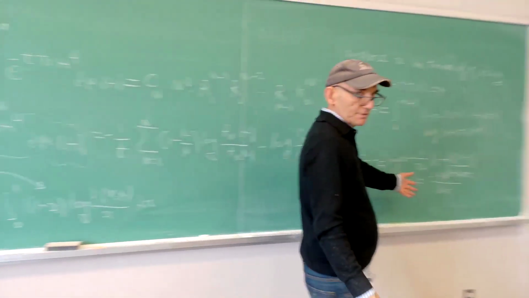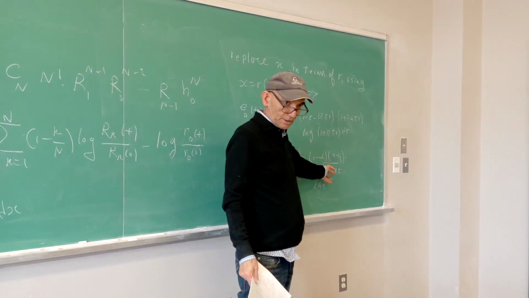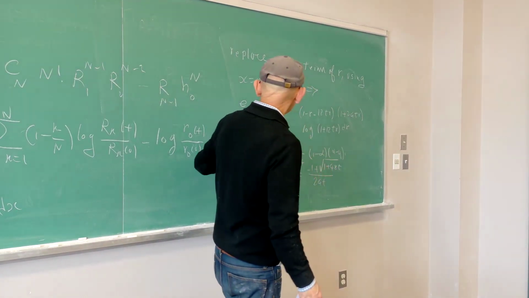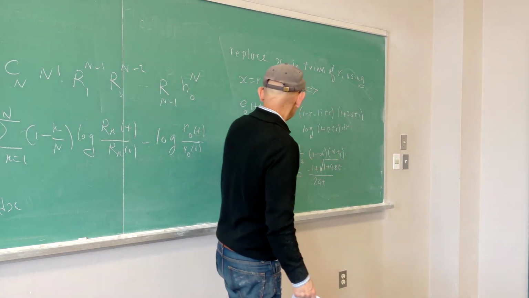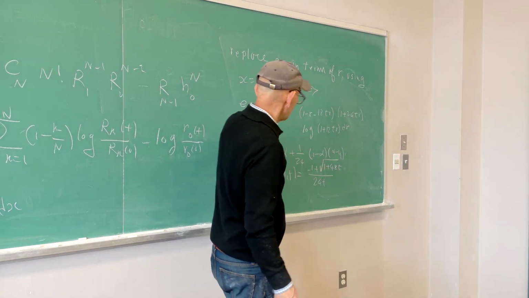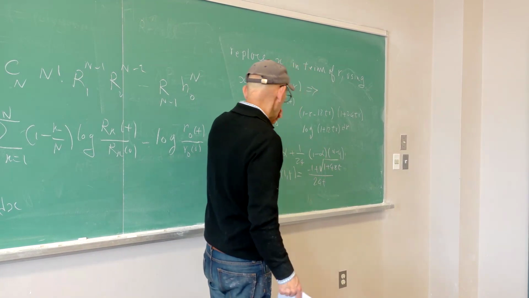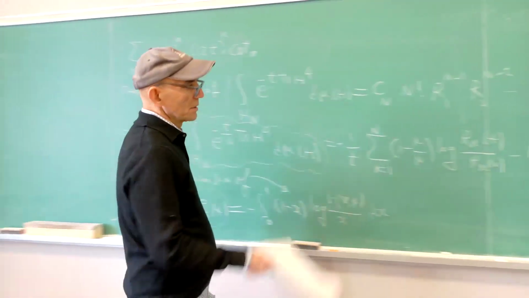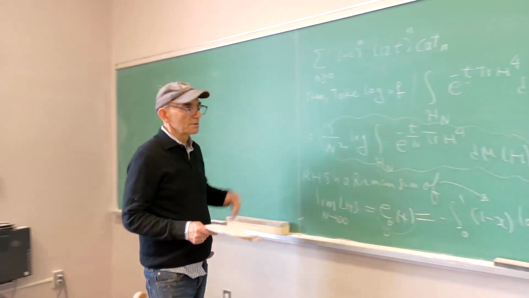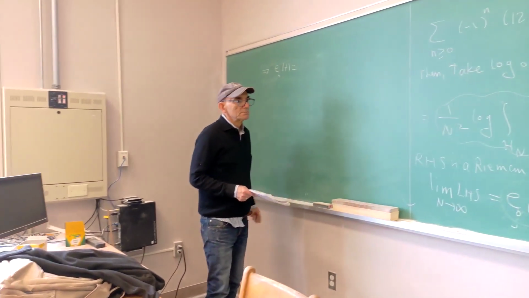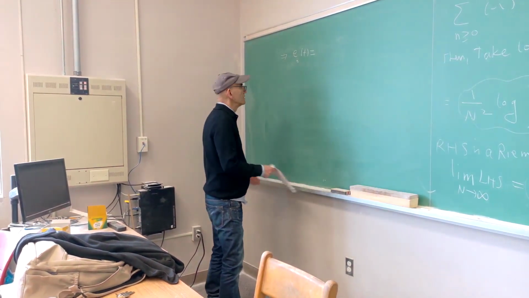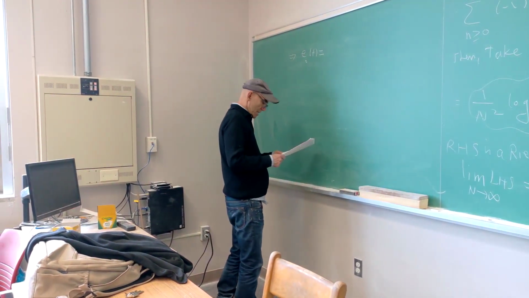We wrote the expansion of this term in terms of Catalan numbers. There was a power series that we derived. You just substitute it into this equation, and then you have to take the log of this and expand it in terms of the series in t. That's not difficult. Now, actually, you can give all that to your favorite AI. It will give you the answer in a second.